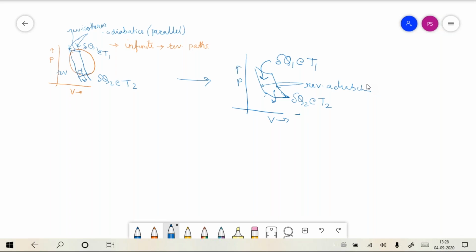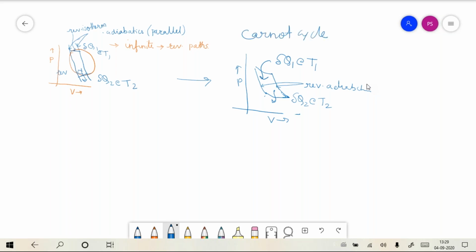If you look at this, this small portion which I have taken of this reversible cycle is equivalent to a Carnot cycle. Yes or no?